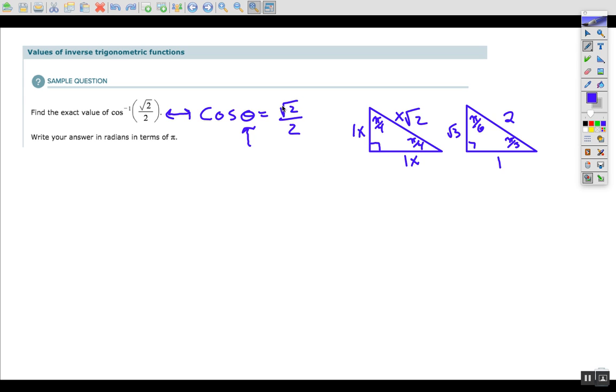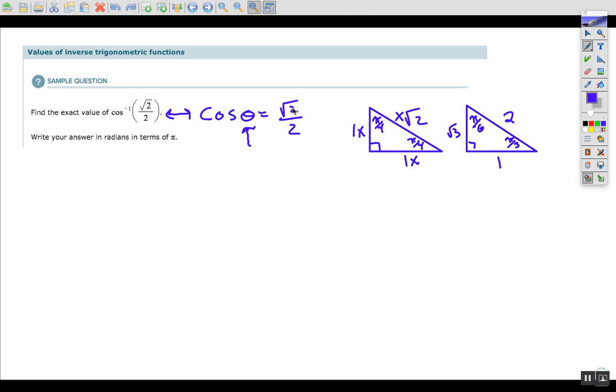So you start by looking at, okay, what am I given? I have square root of 2. I know I can't use a calculator. I have to have an exact answer. So it has to be one of these triangles that I can use to help me. Your 45, 45, 90 triangle has a side length of x square root of 2, or in our unit circle, square root of 2. So we know this is the triangle that we are going to use.